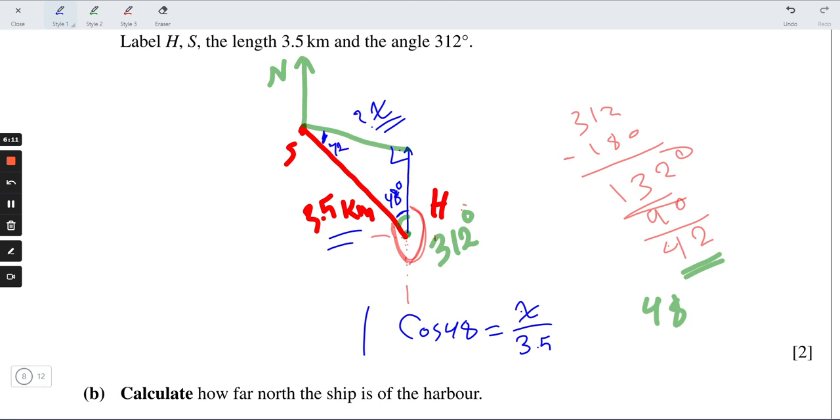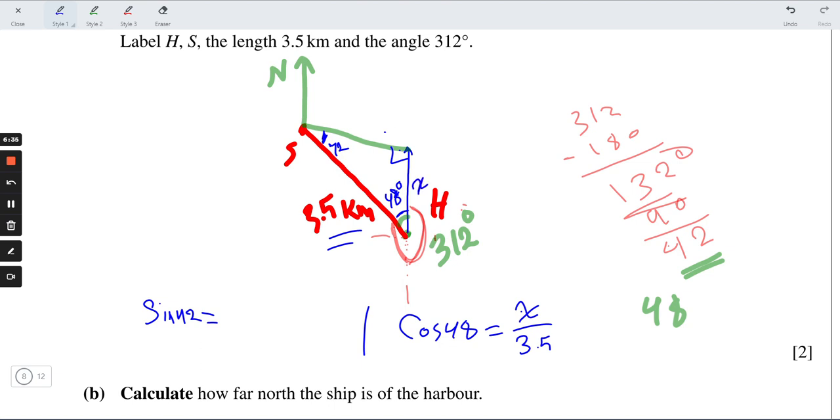That means you could use sine 42, which is equal to distance, oh sorry, I made a mistake, x is not here, the adjacent is not this one here.